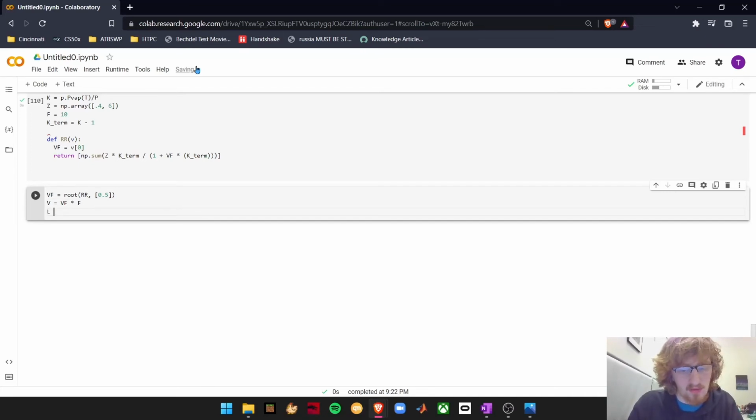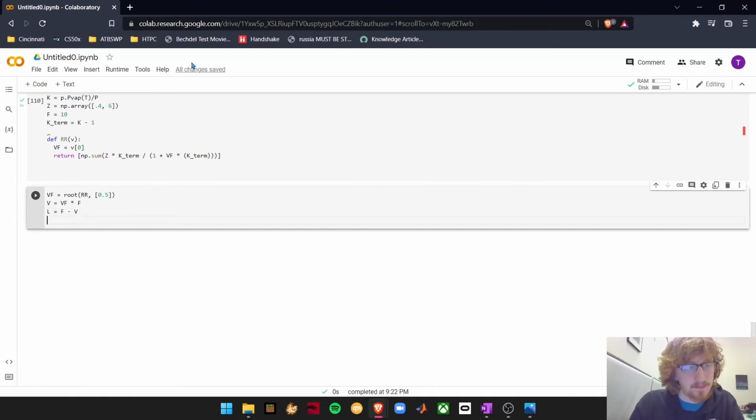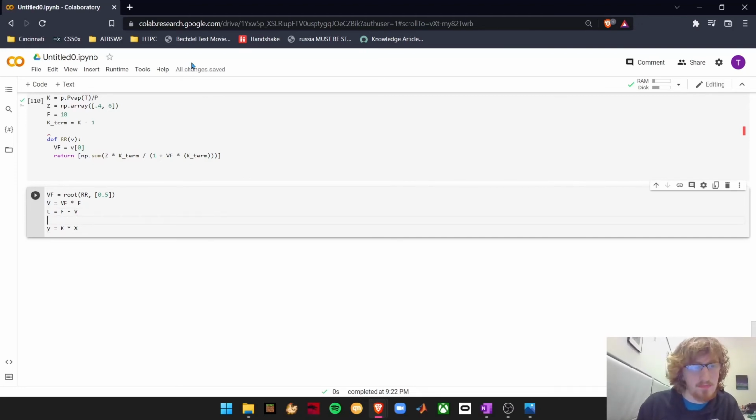And then our liquid phase is going to be equal to our F minus our vapor phase. And then Y is going to be equal to K times X. And that just leaves X to define.